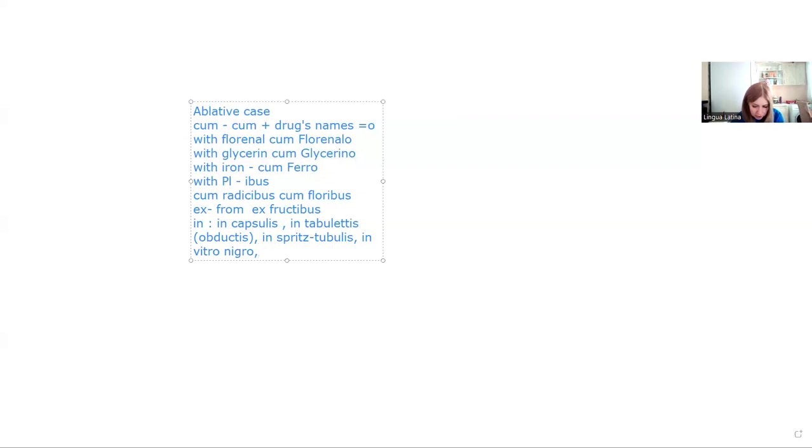What else? I think that's it with the preposition in. In ampulis, of course, it means in ampoules. These are examples of the preposition in requiring the ablative case.